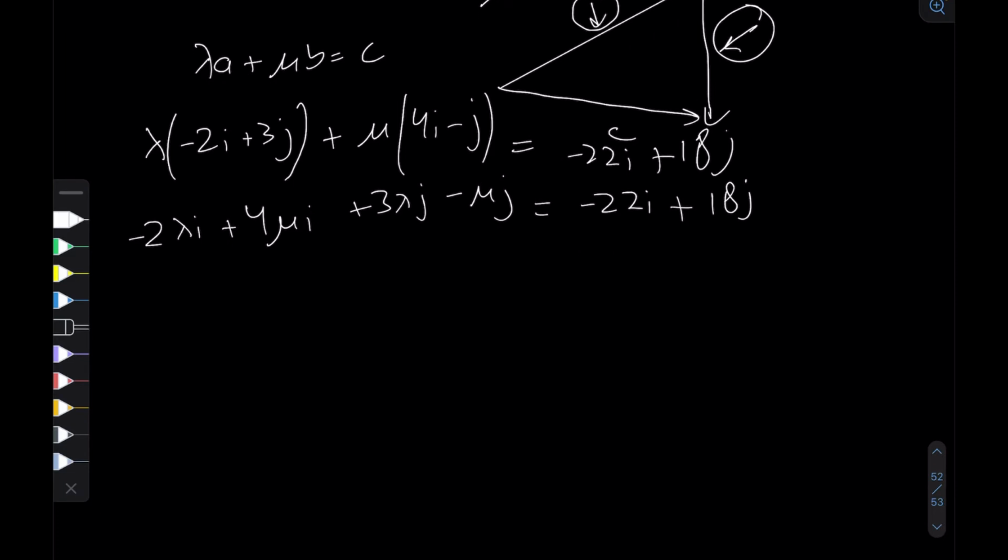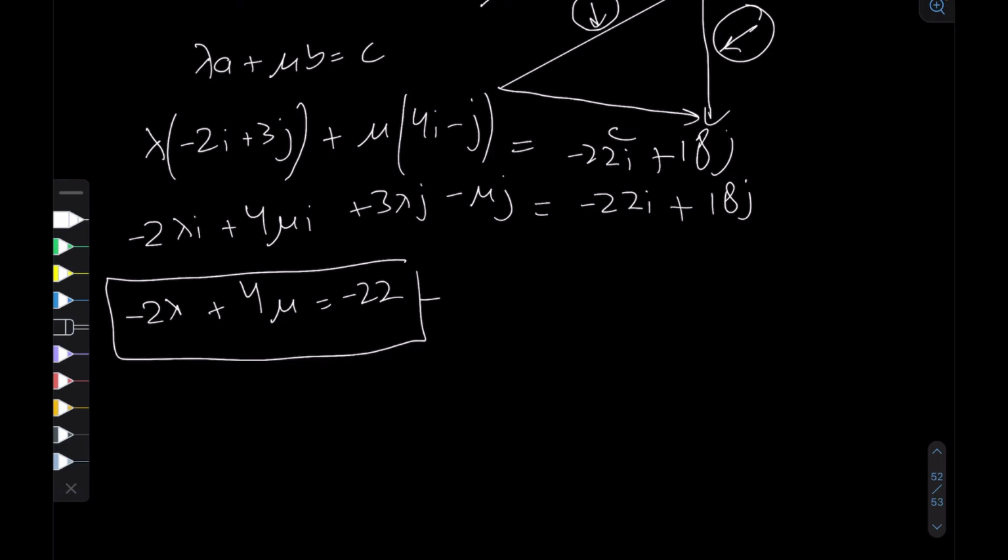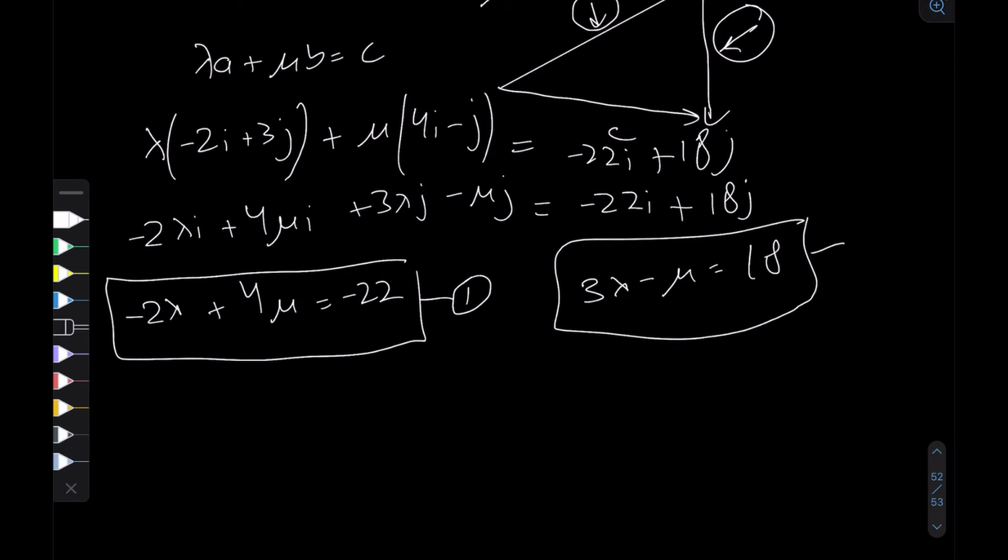So the i component is defined by minus 2 lambda plus 4 mu, and this should give us minus 22, right? So this is one equality that must hold. The other one is that 3 lambda minus mu should give us 18. And so we can simultaneously solve them, and you will get to the conclusion that lambda is equal to 5 and mu is equal to minus 3.